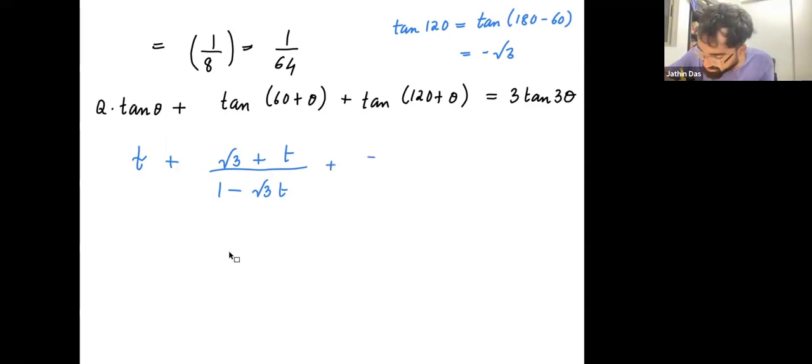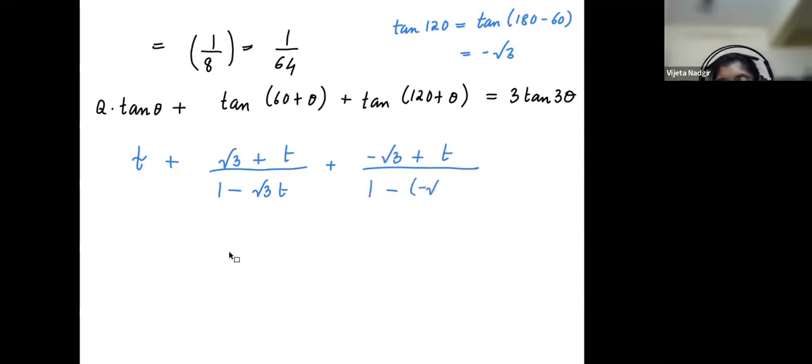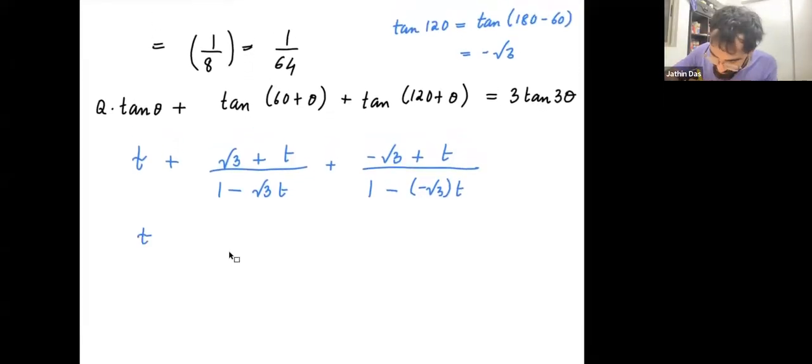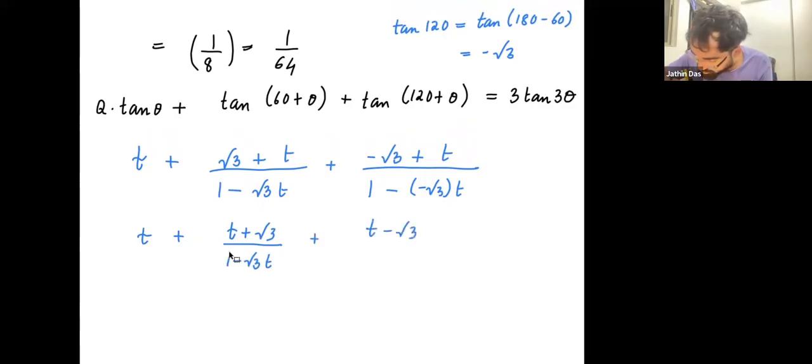So here minus root 3 plus t, 1 minus root 3 plus t आएगा. So basically t plus root 3 by 1 minus root 3t, plus t minus root 3 by 1 plus root 3t.